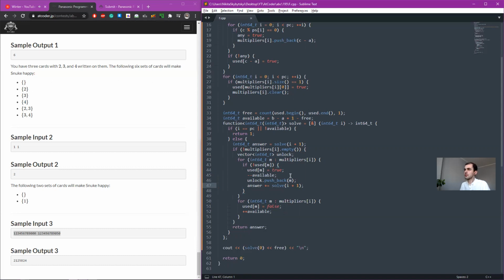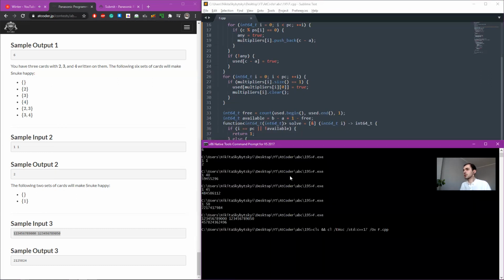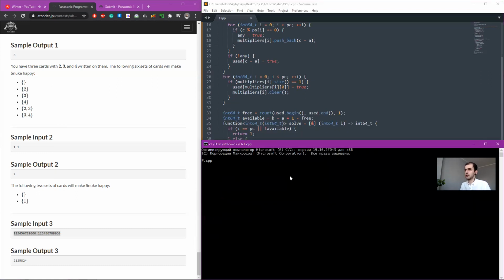I'm going to count. Do I have to unlock? I don't know. Yeah, probably should do something like this. That sounds really strange.